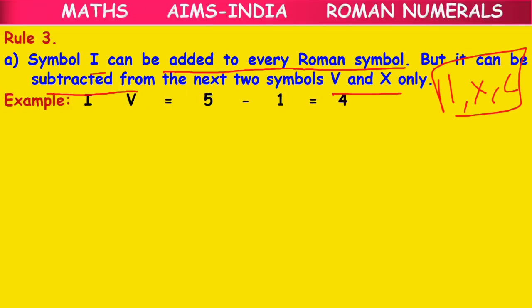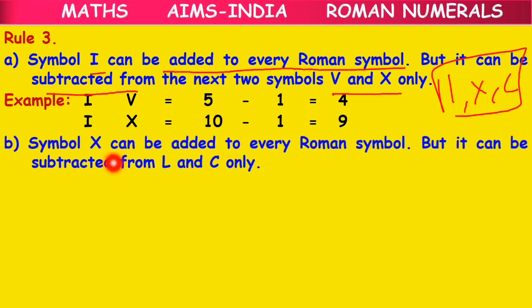I'll tell you how to remember these rules easily. Okay, let me first complete the rule. Example IV. Again, IV is what? You know this, IV stands for 5 minus 1, 4. Or IX. IX means I is 1, X is 10, 10 minus 1 is equal to 9.